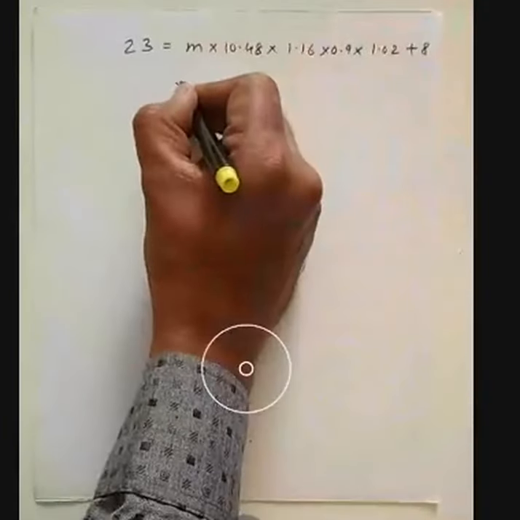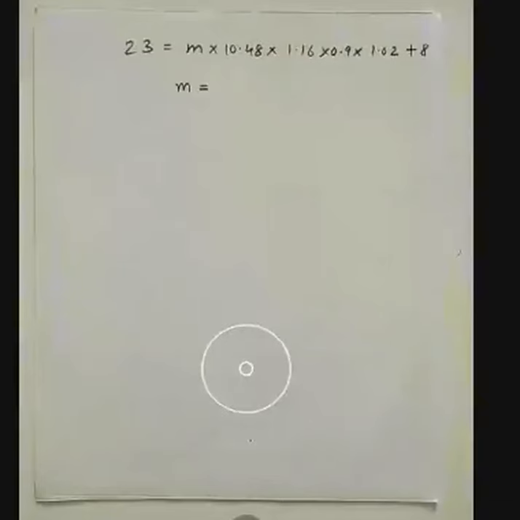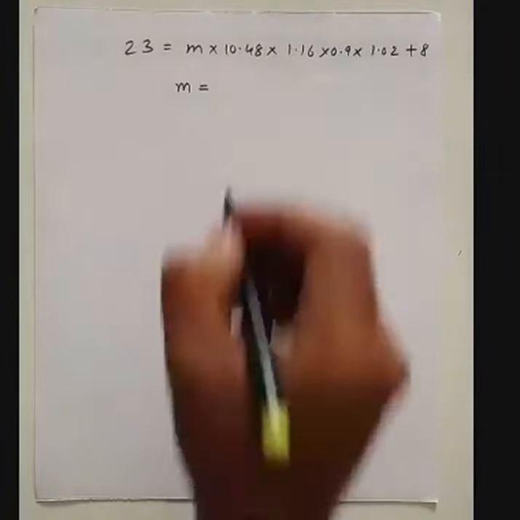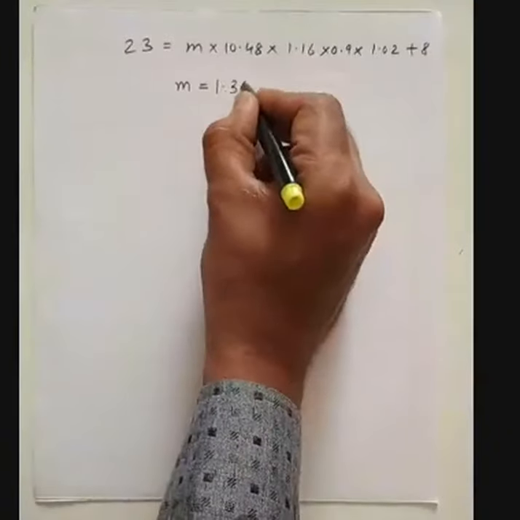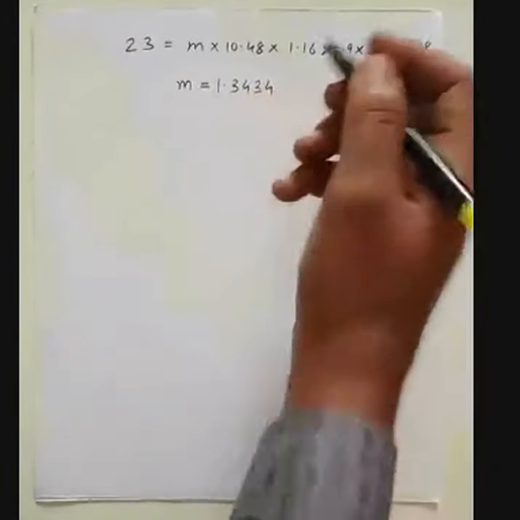So get the value of m. One point three four four. Yes, 1.3434.